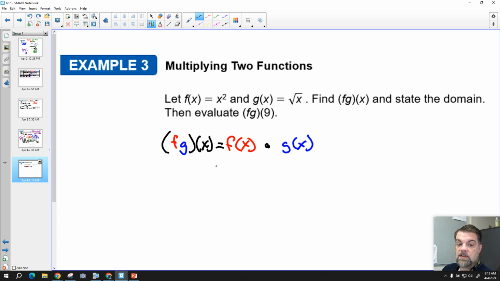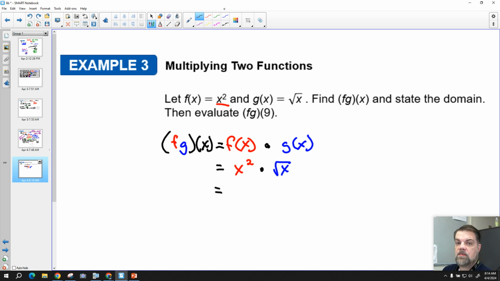So then what we do in the next line is we're going to say f of x. F of x is just x squared. And then we're going to multiply it by g of x, which is just the square root of x. So then they're both exponents.